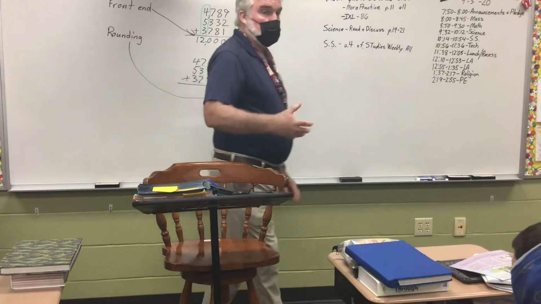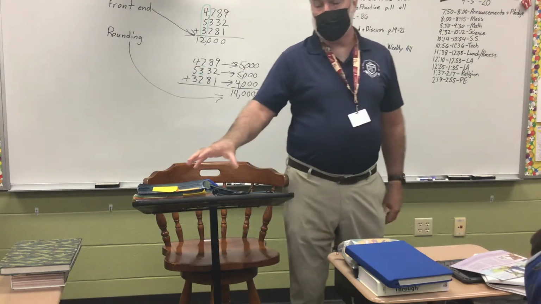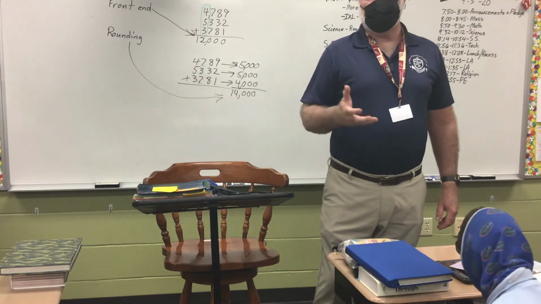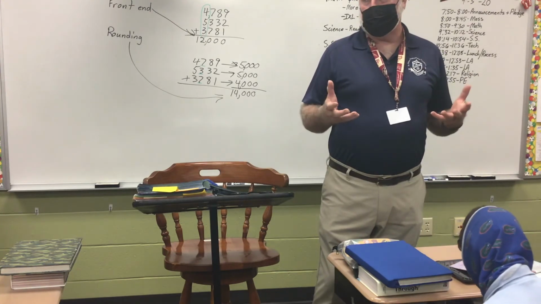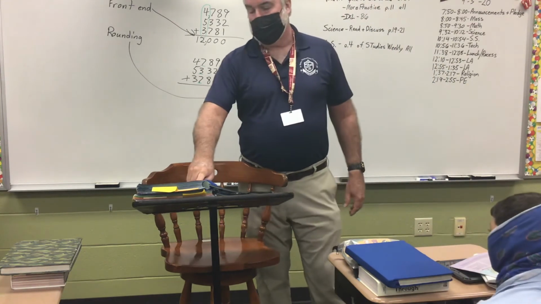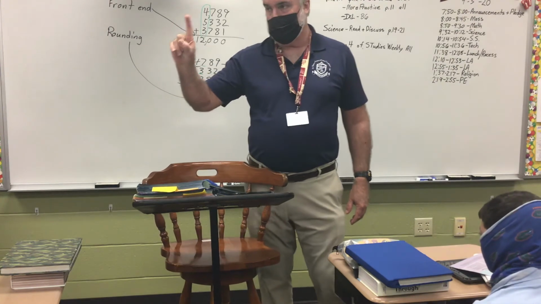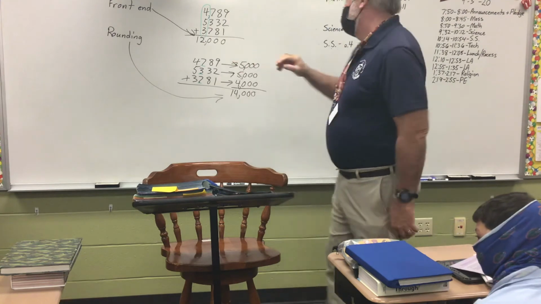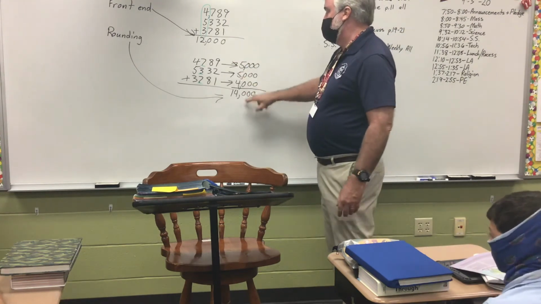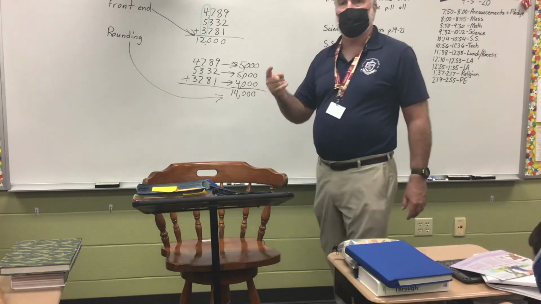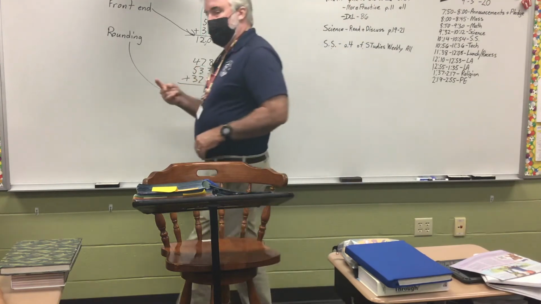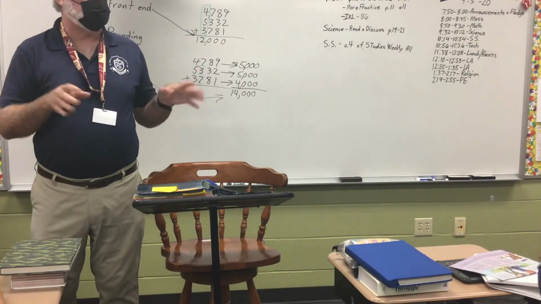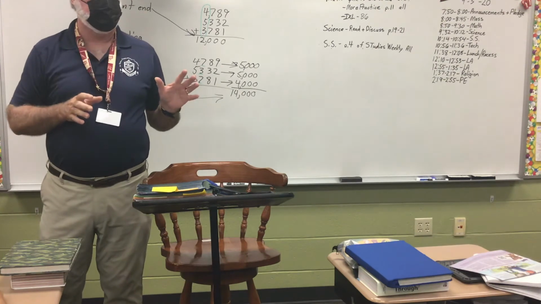Now, in my book, for the answers, this is where it gets really tricky. And each year, I have to tell the kids this. My book is going to tell me one answer. Does that one answer mean it's correct? No. But it needs to be one that you can prove. This is where you have to pay attention.